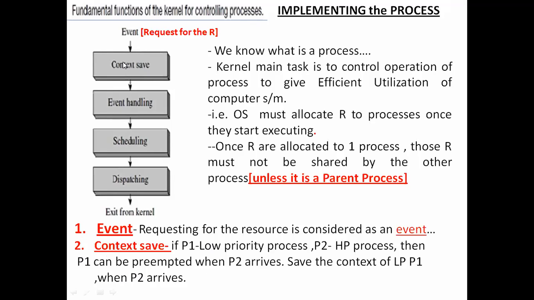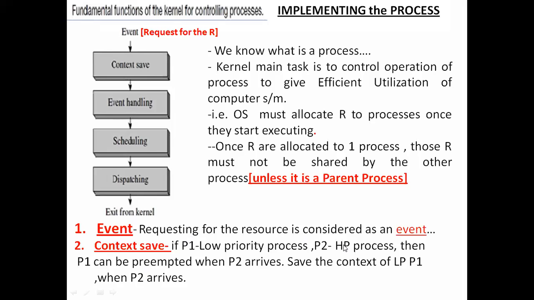This will happen when the processes are preempted. The word preempted means the forceful release of the resources from one process, and the same resource is given to a second process. The example taken here has two processes, P1 and P2.